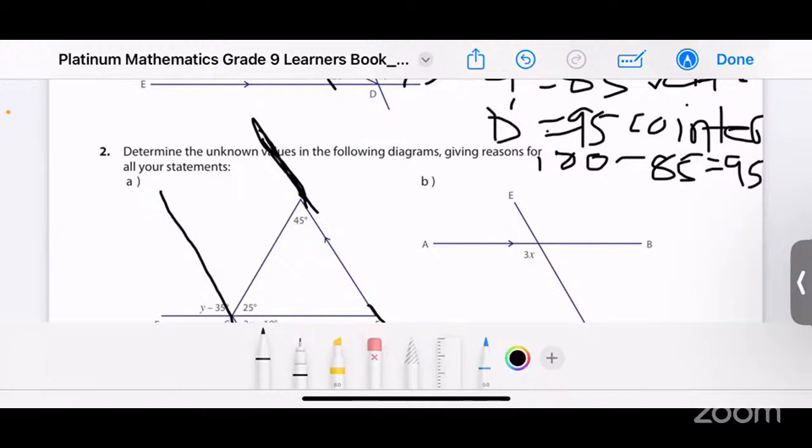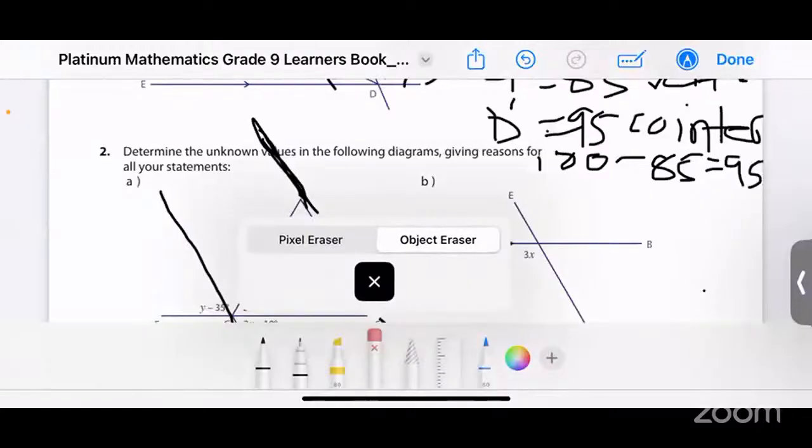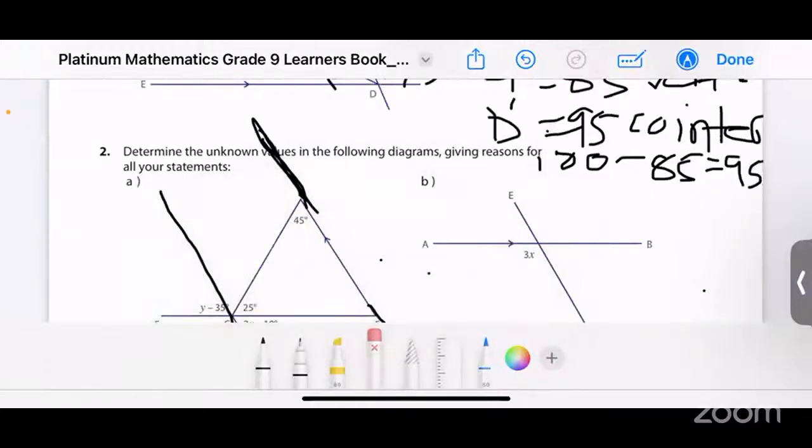Ma'am, may you please repeat how many degrees a triangle is? The angles in a triangle. Remember, in a triangle you've got 3 angles, ne? Yes, ma'am. So these 3 angles add up to 180 degrees.